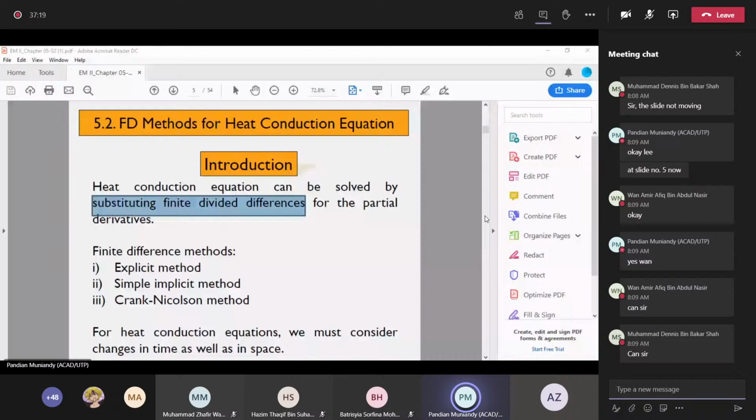For this explicit method, we will not go into detail how it was developed, the background. What you see in slide number 6 is that the left-hand side is the partial differential equation. The right-hand side is the numerical calculation.